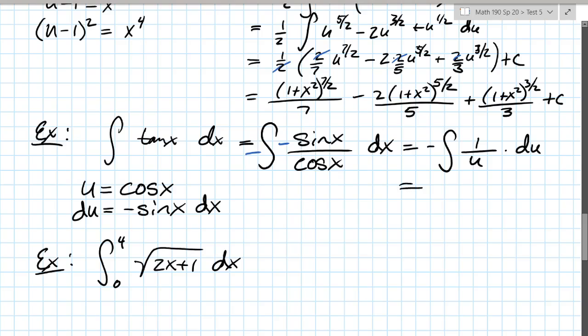This should look familiar to you, and this is the ln of the absolute value of u. We'll substitute back our cosine, and we have negative ln absolute value of cosine.